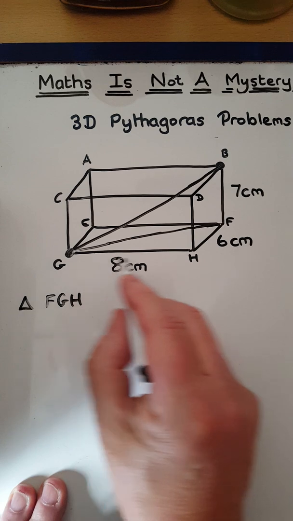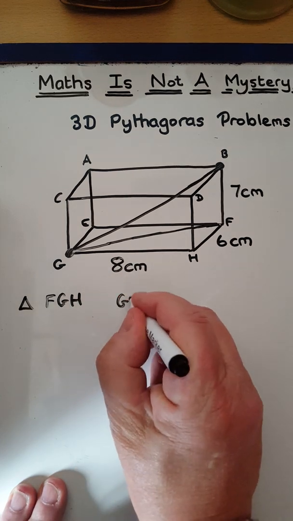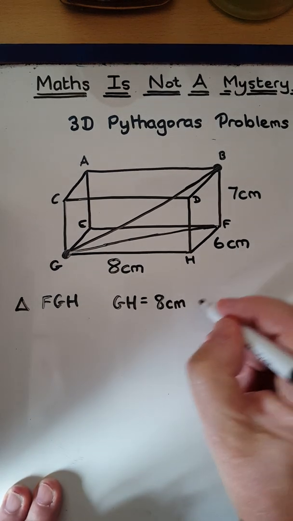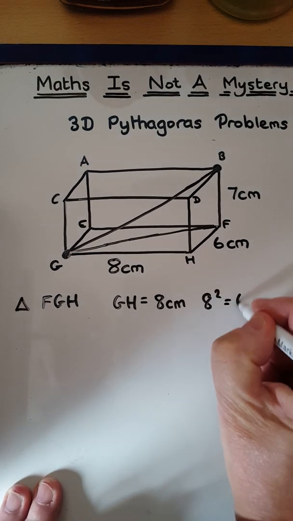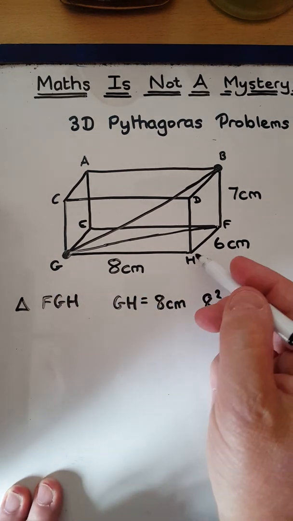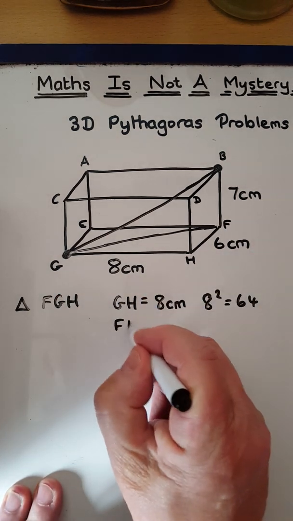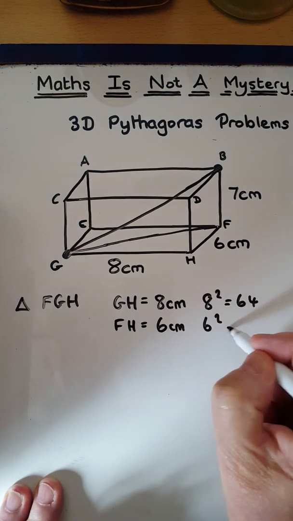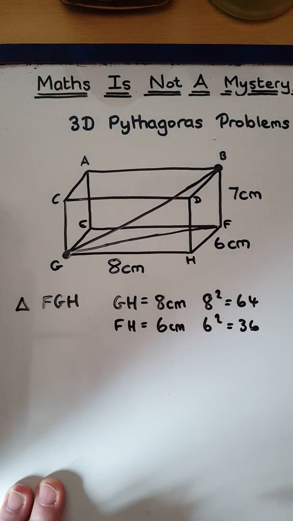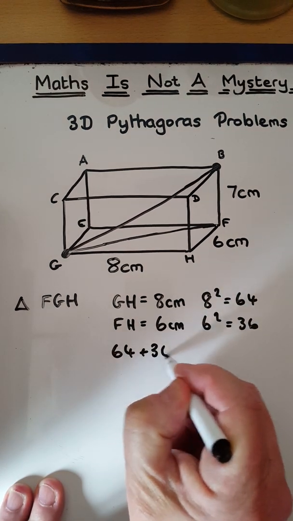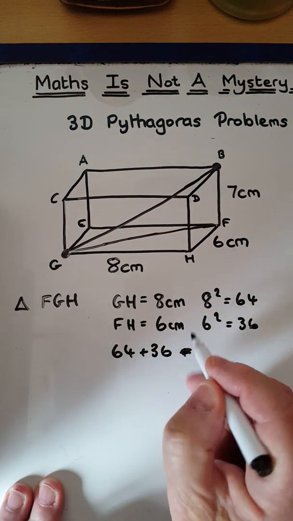So line GH is 8 centimetres. 8 squared is 64. So that's a little bit of Pythagoras there. FH is 6 centimetres. 6 squared is 36. 64 plus 36 makes 100.